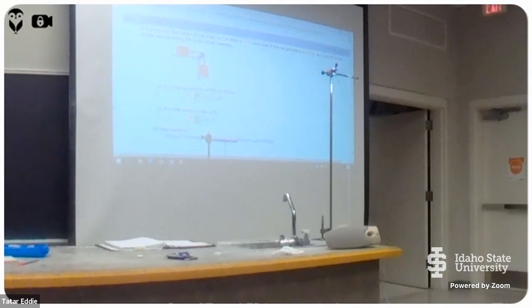So this should be the answer, and this answer is reasonable, both dimensionally and from a point of view of common sense. It tells you that the heavier the second block, the larger acceleration you're going to have, which is clearly reasonable.